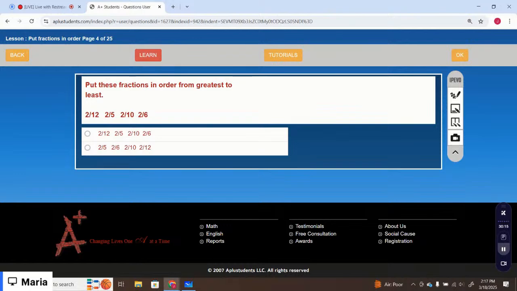2 by 12, 2 by 5, 2 by 10, and 2 by 6. You have to arrange them from least to greatest. So how do you arrange now? They have different denominators, right? When you have different denominators, how do we arrange?